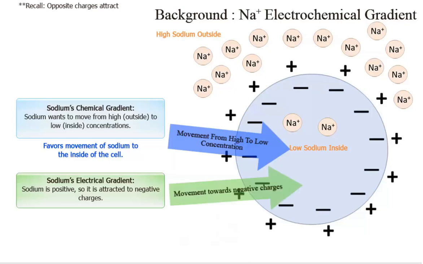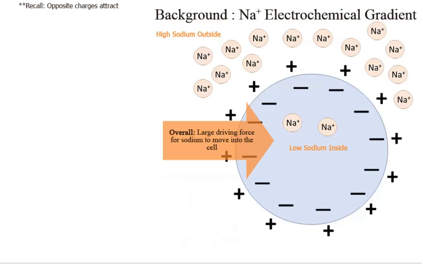So if we just look at charges, sodium is also attracted to the inside of the cell, where it is negatively charged. So sodium has what we call two driving forces that make it want to go into the cell. First, going into the cell means it moves from high to low concentration. And second, going into the cell means its positive charges can meet up with the negative charges on the inside. So overall, sodium has what we call a high driving force for wanting to go into the cell.